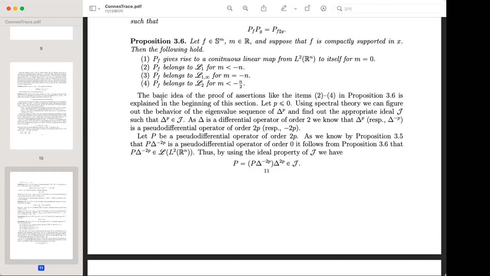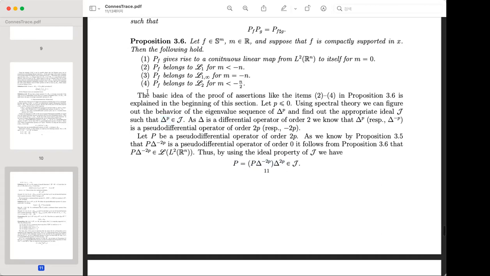So here my point is that one should find a very nice basic building block operator whose certain power belongs to the desired ideal J. Then by using this trick, we can say that all pseudo-differential operators with the same order as this operator all belong to the same ideal.